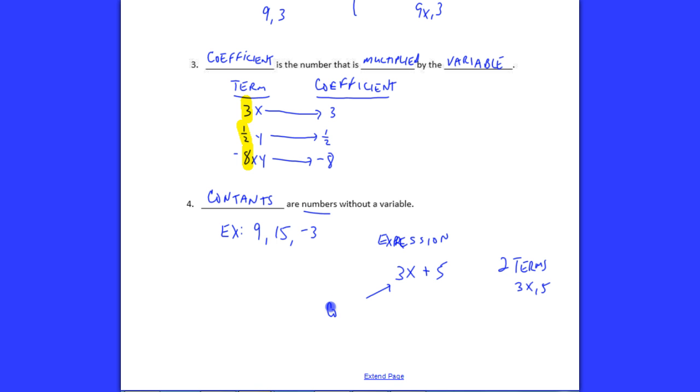The coefficient is 3, and the constant is 5. So that takes care of our first side and some important vocabulary.